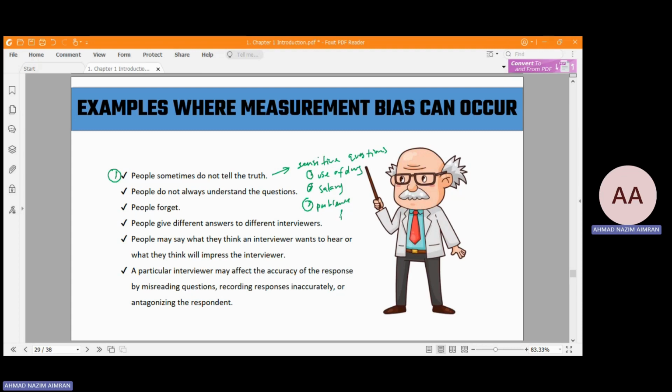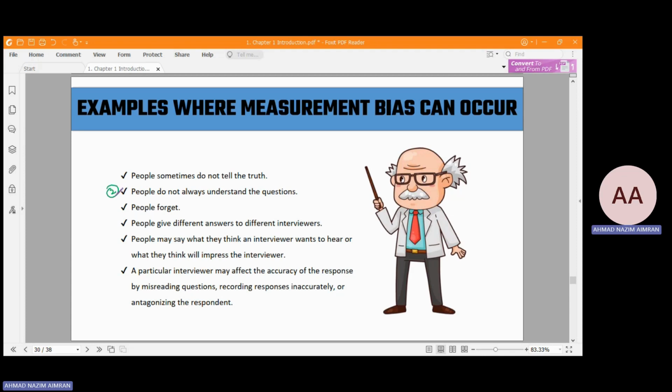I believe that not everybody is willing or comfortable to share the truth with others about their use of drugs, for example, family problems, and salary, because the information might affect them. So that's the first one. People sometimes do not tell the truth. And let's look at the second one.